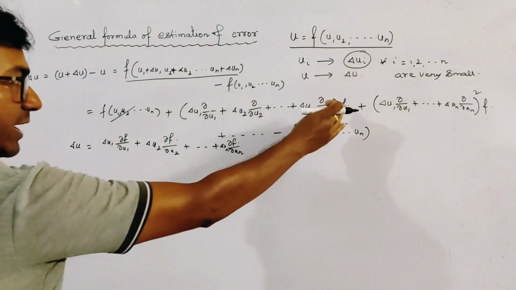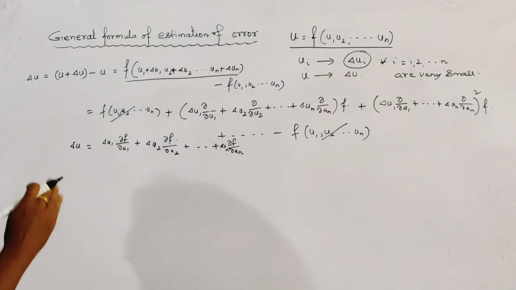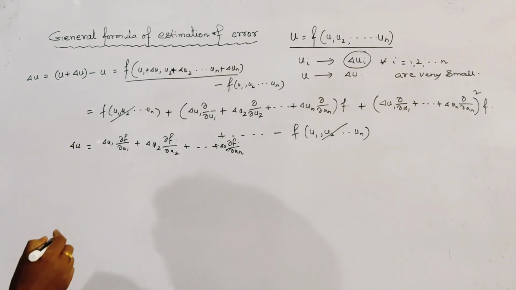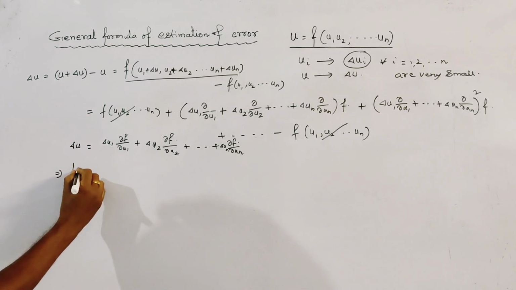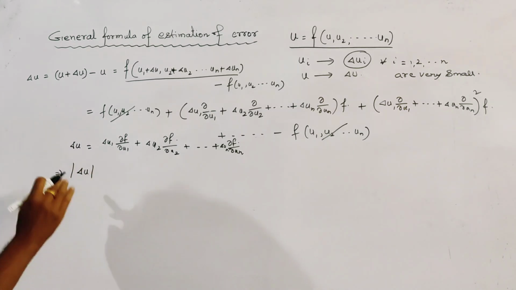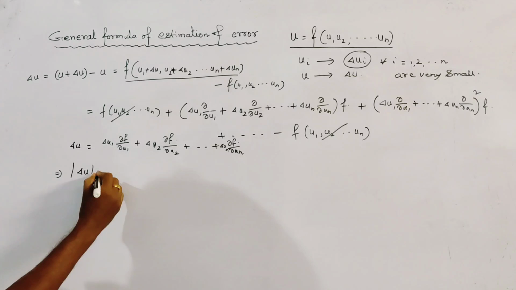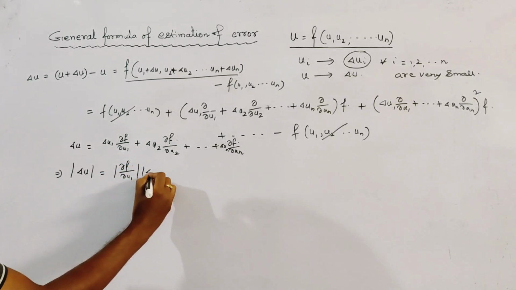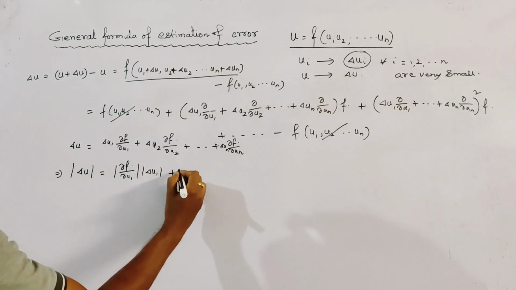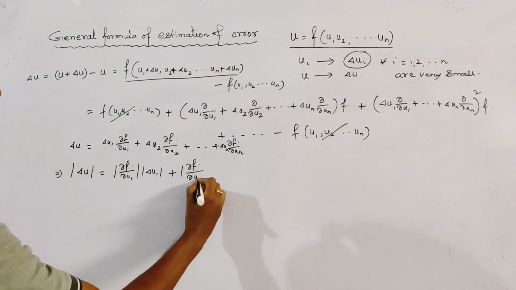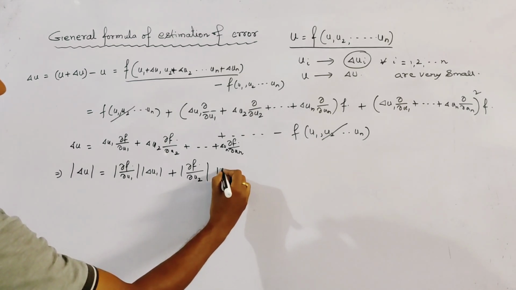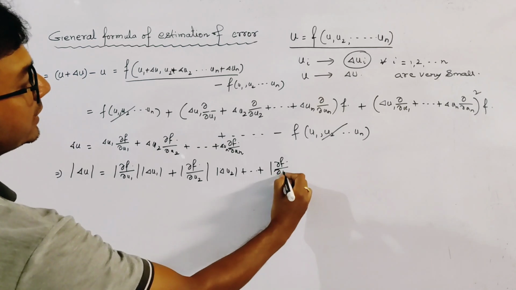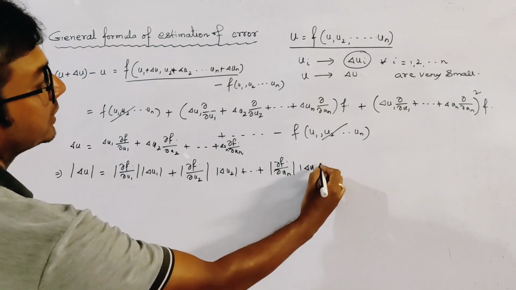We operate f in both terms, and now if we want to find the maximum value of delta u, we take the modulus on both sides. The absolute error of u is given by mod del f by del u1 into mod delta u1 plus mod del f by del u2 into mod delta u2, and so on, mod del f by del un into mod delta un.